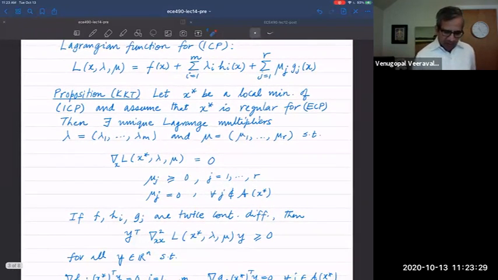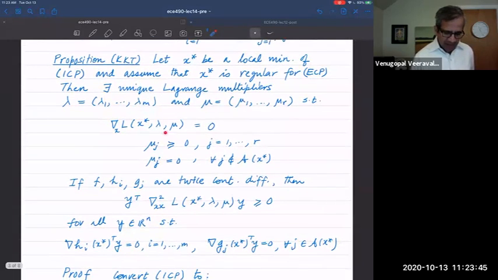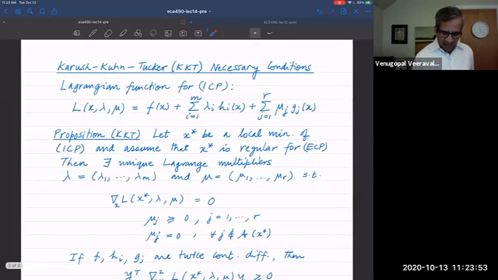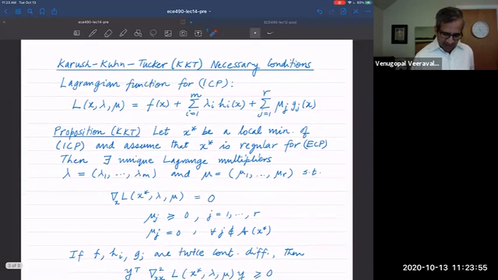So suppose x star is regular for the equality constraint problem. Then there are unique Lagrange multipliers, lambda 1 through lambda m and mu 1 through mu r, such that the gradient of the Lagrangian with respect to x is equal to 0. Again, you take the gradient of this and the gradient of this and add them up.